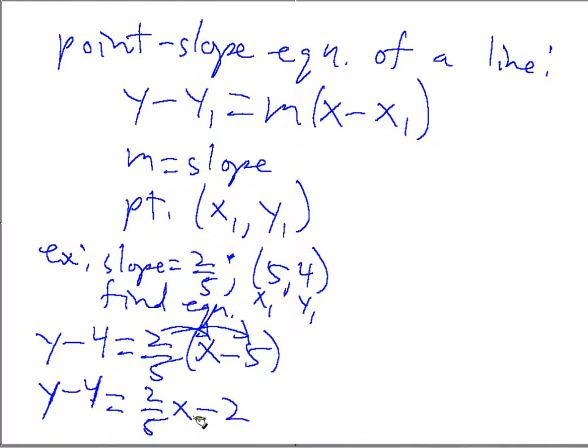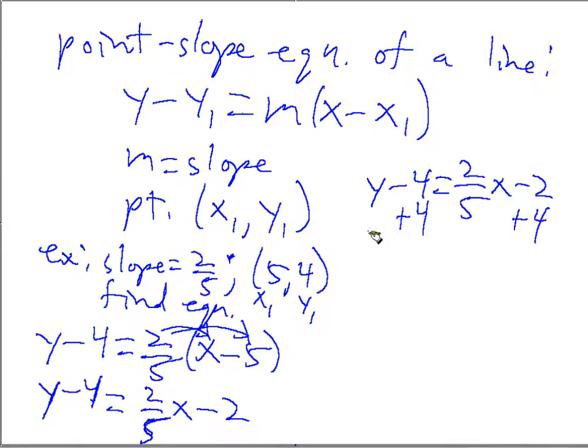Let me recopy that to the top: y minus 4 equals 2/5 x minus 2. Sorry, that's a 5 there. To finish solving for y, just add 4 to both sides. The 4's drop off, so y is going to be 2/5 x plus 2.